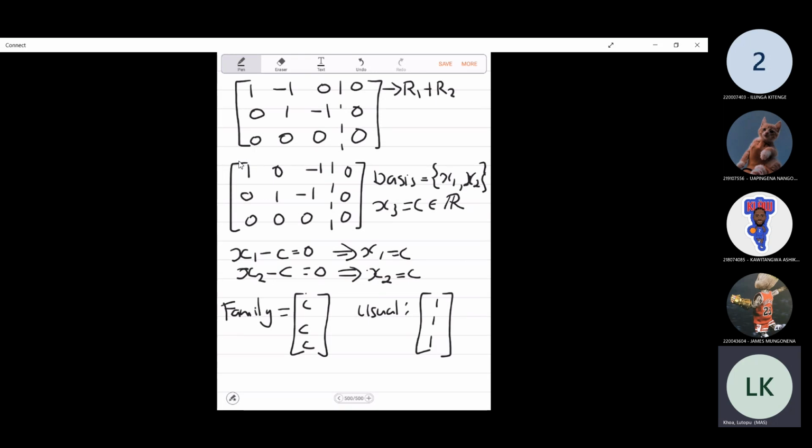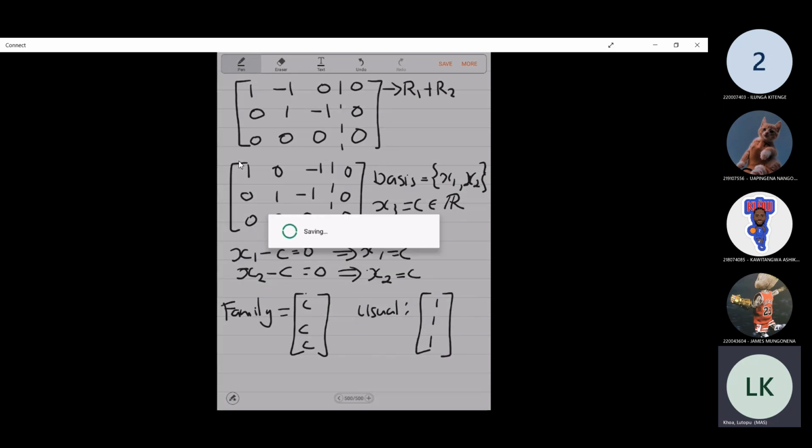And now the second part of this question was to show that these are linearly independent. So it says I've reached the maximum number of pages. Okay, let me just do that, save it, and then just show that working quickly. And then we're done with matrices, finally.